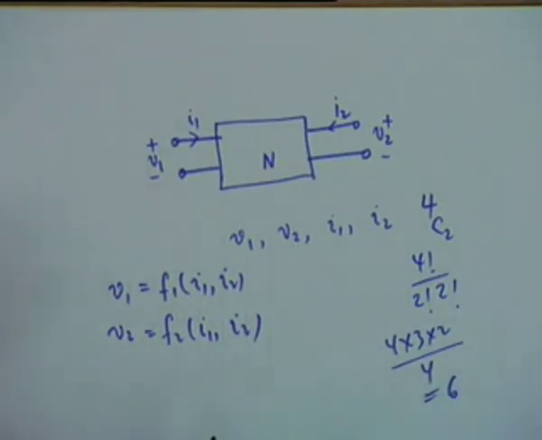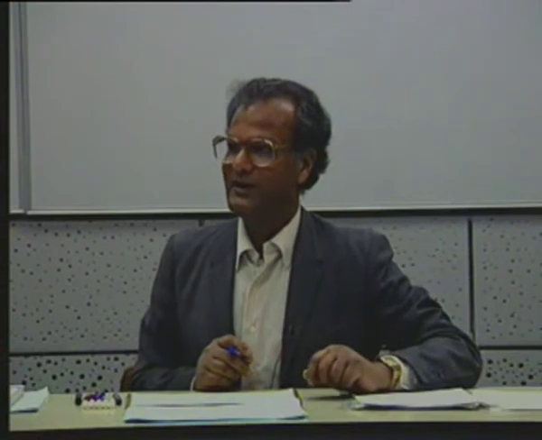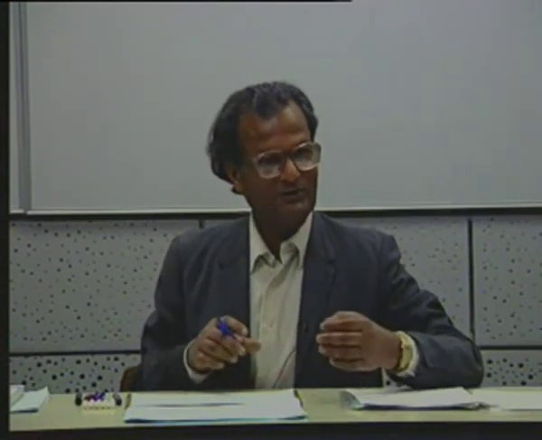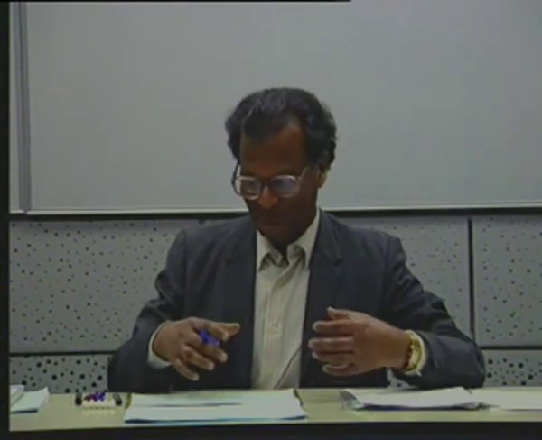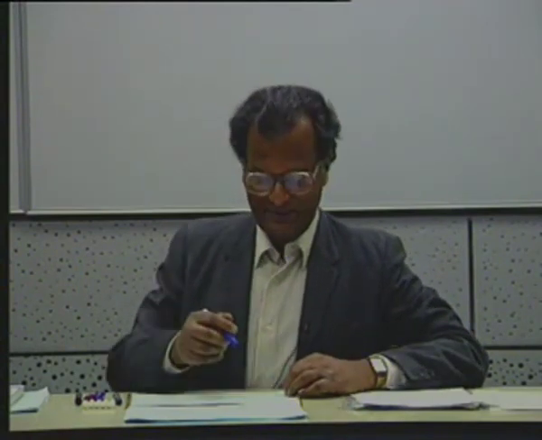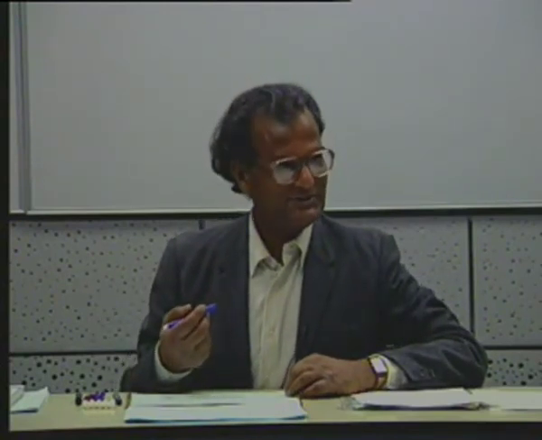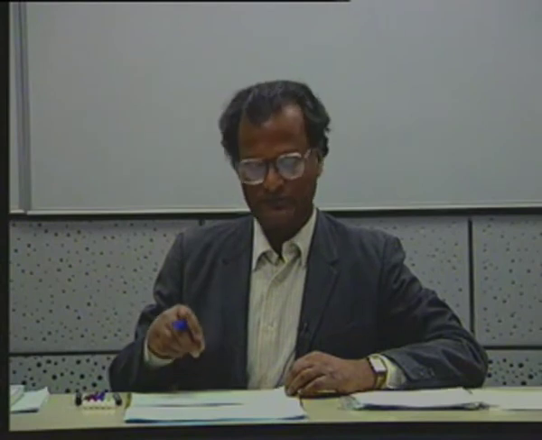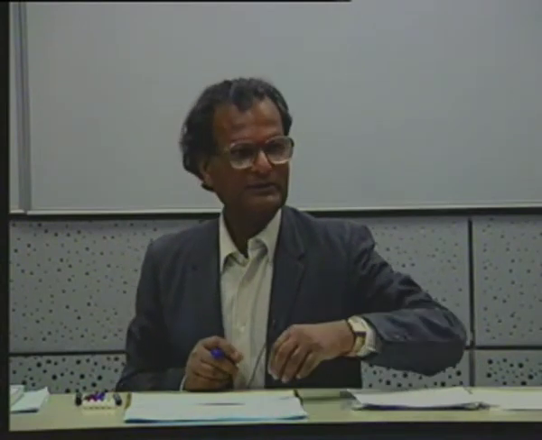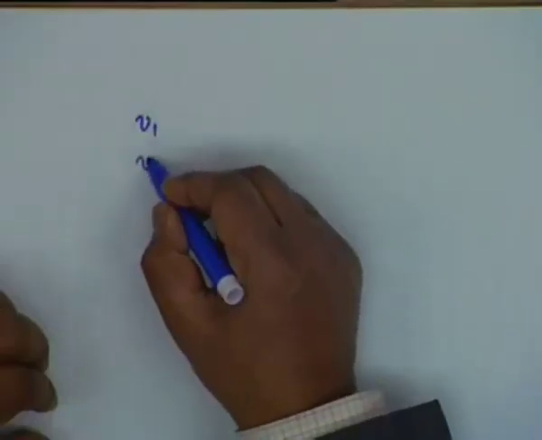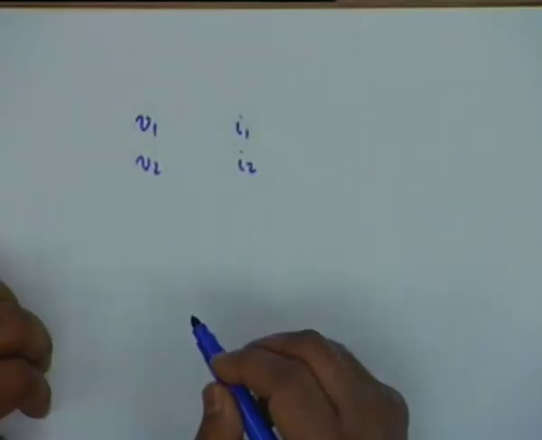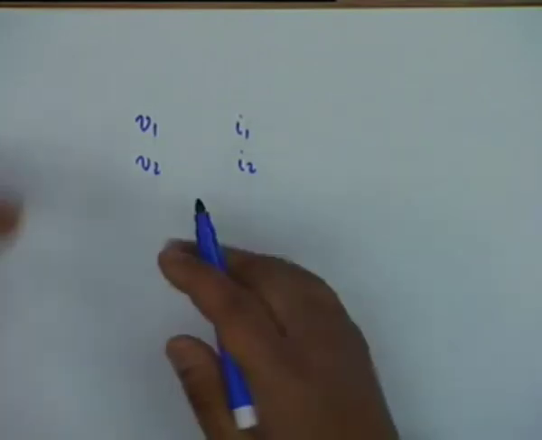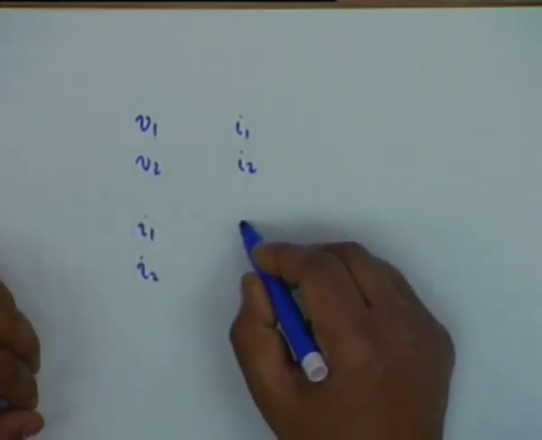Or you can make a combination, V1 and I1, V2 and I2, or V1 and I2, V2 and I1, or their permutation. That is also a possibility. There are in all 6 ways, but at the present time, we shall concern ourselves with only 2 of these representations, that is, V1 V2 in terms of I1 I2, or the other way around, I1 I2 in terms of V1 V2.